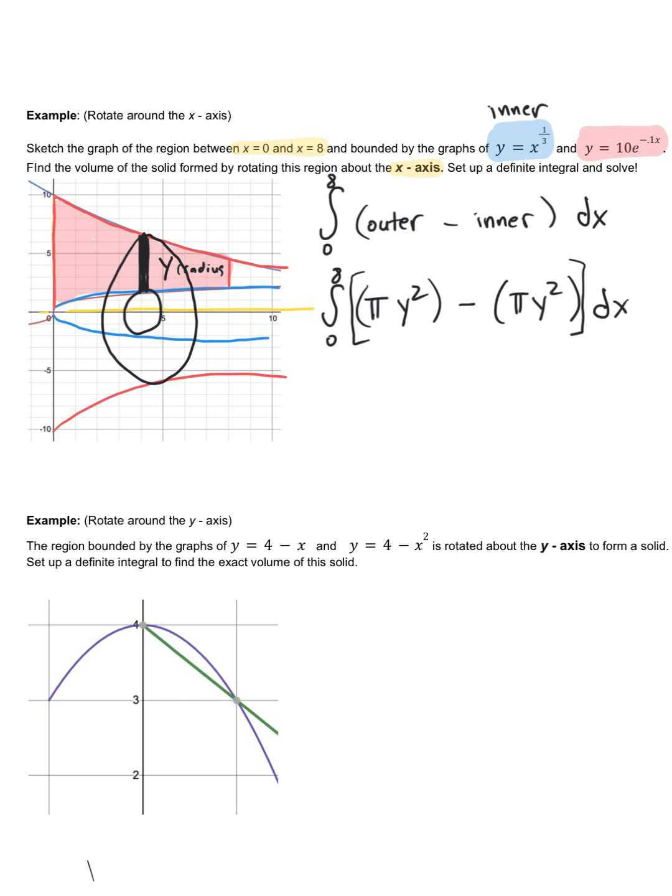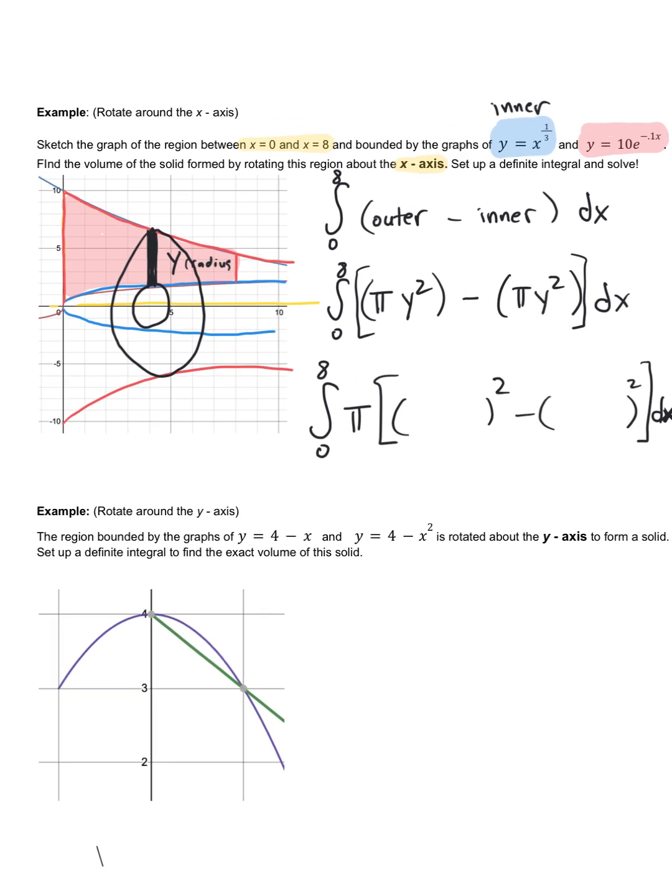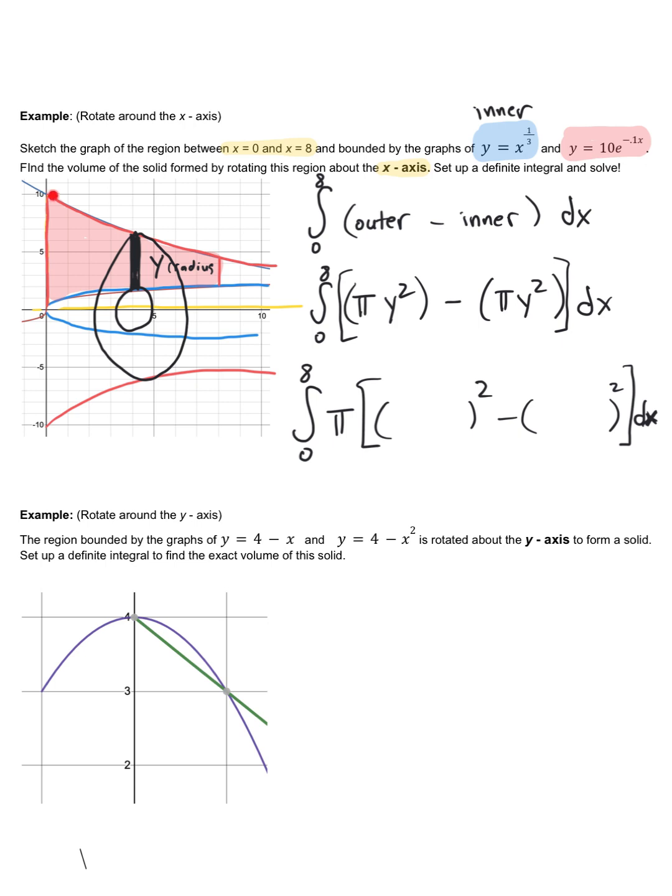All right, so let's keep going. I like to factor out the pi, so we put that out here. And then we need a y squared minus a y squared, and a dx. Again, our outer function, the top of the rectangle, farthest away from the axis of rotation, goes right here.